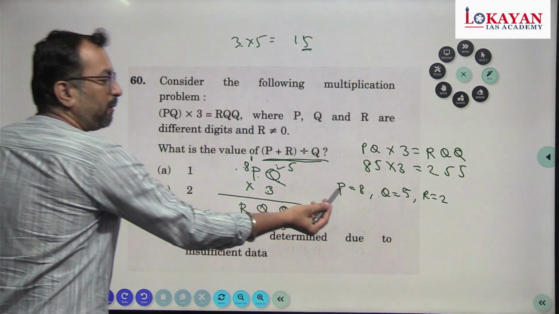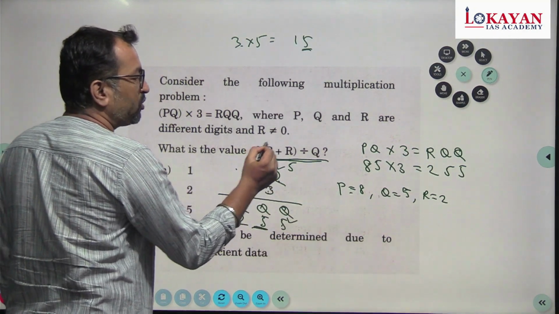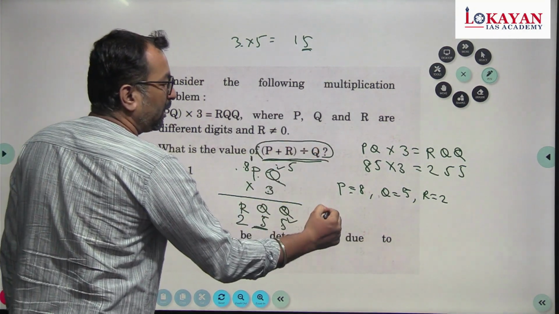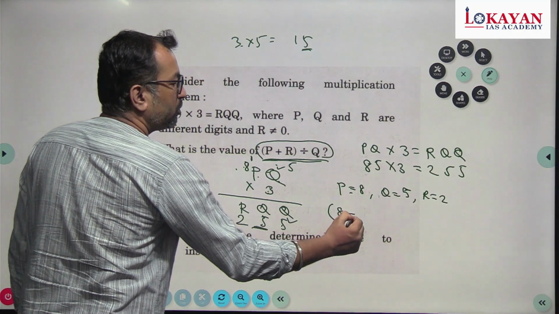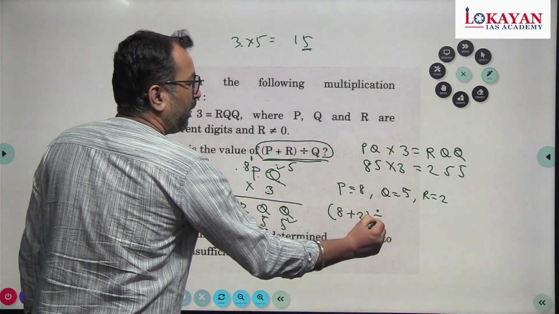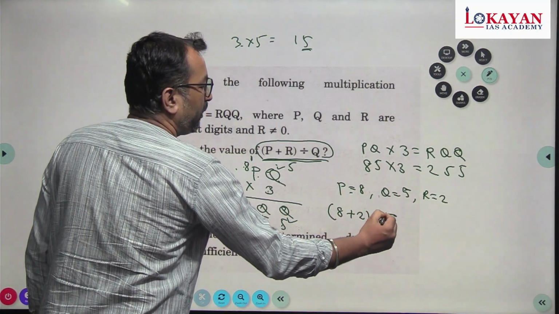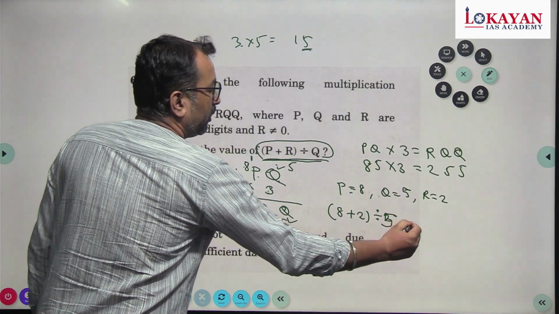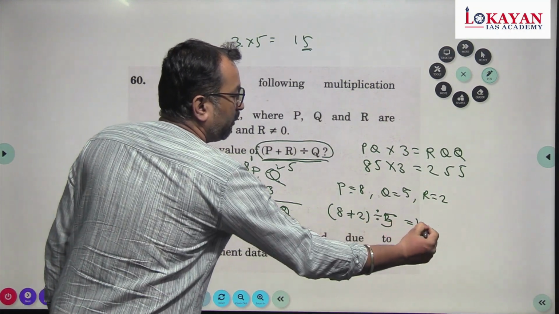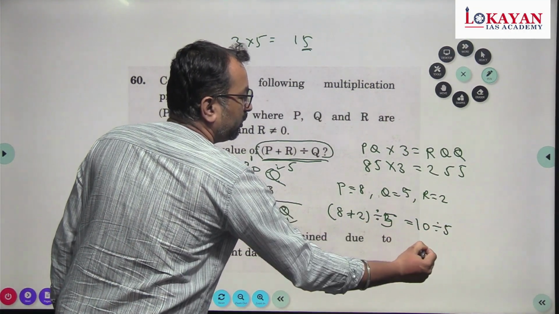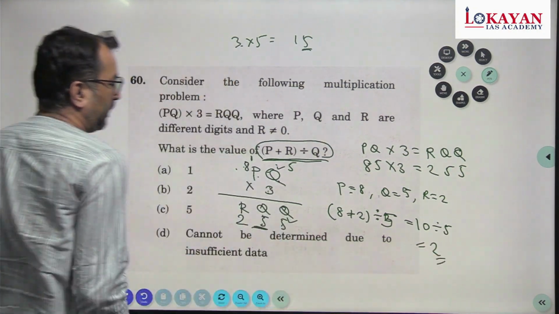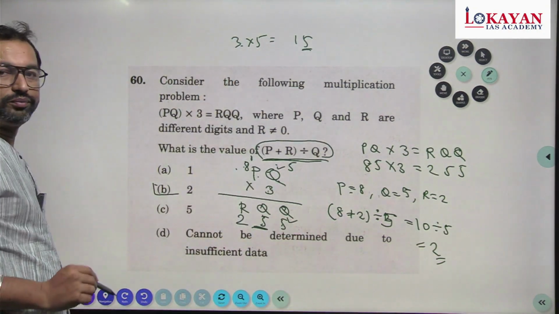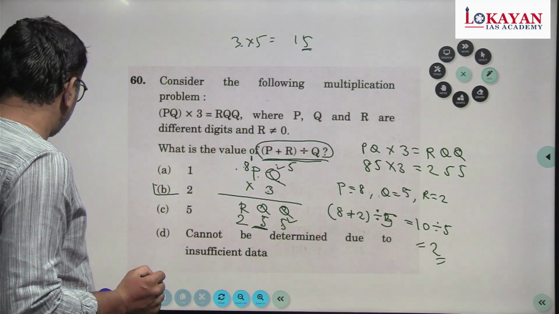So just replace these values into the asked question. P plus R, that is 8 plus 2, divided by 5. So 8 plus 2 is 10. 10 divided by 5, the answer is 2. So the answer we got is 2 here.